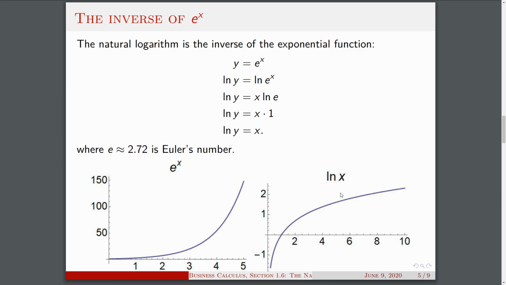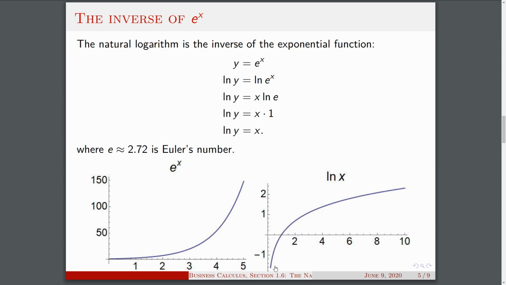Okay. How about ln of x? Is it a positive or negative function? Well, down here, for x between 0 and 1, it's a negative function. It's below the x-axis. And then for x values greater than 1, it is a positive function. Is it increasing or decreasing?